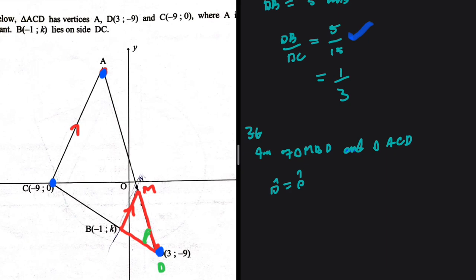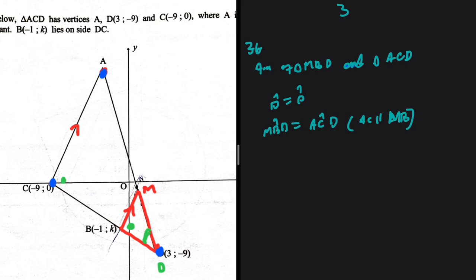Apart from that, you will realize that angle MBD should be equal to angle ACD. They should be equal to each other because the line AC is parallel to MB. So we have proved that two pairs of angles are equal to each other. Of course, the third angle is going to be equal.